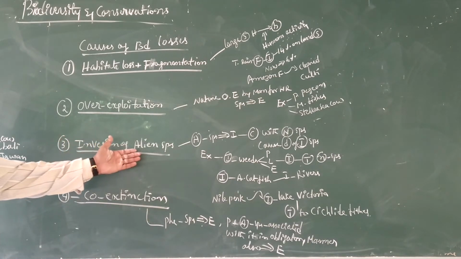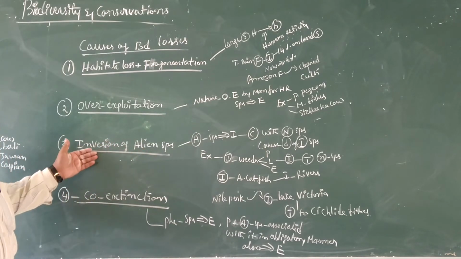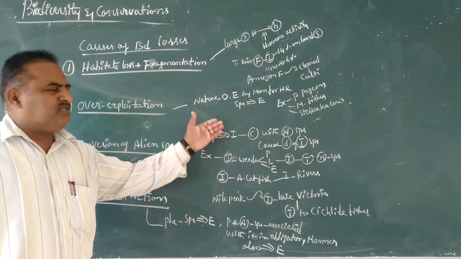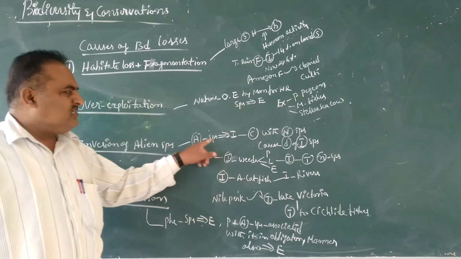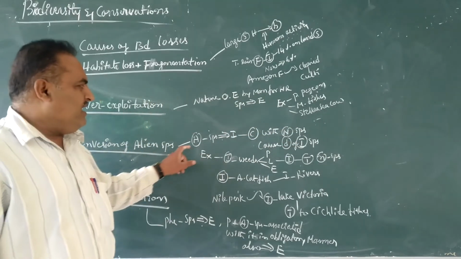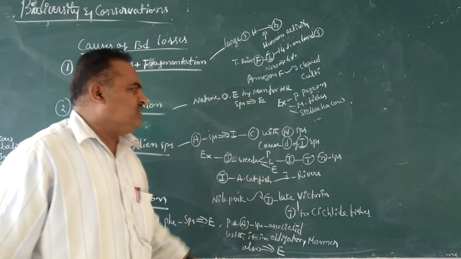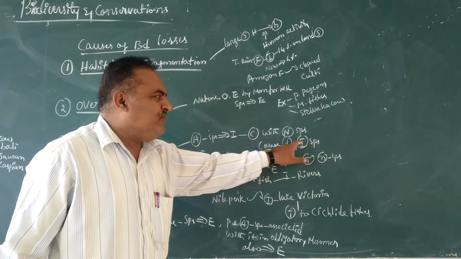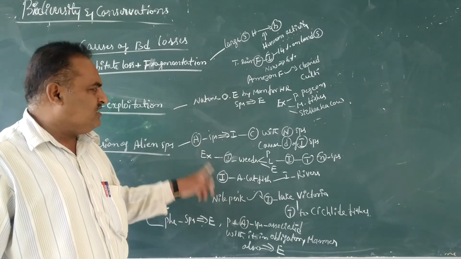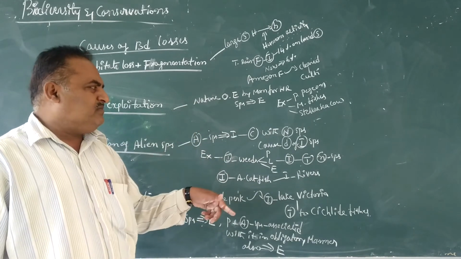Invasion of exotic species, foreign species, or alien species. Here, the alien species becomes invasive, competes with the native species, and causes damage to indigenous species. Alien species that entered India damaged Indian species.